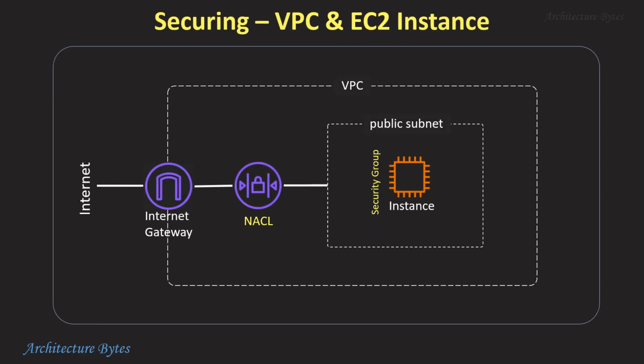A network access control list is an optional layer of security for your virtual private cloud or VPC that acts as a firewall for controlling traffic in and out of one or more subnets. Security groups act as a virtual firewall that controls inbound and outbound traffic for Amazon EC2 instances. They are associated with instances and contain rules that allow or restrict traffic based on protocols, ports, and source IP ranges.